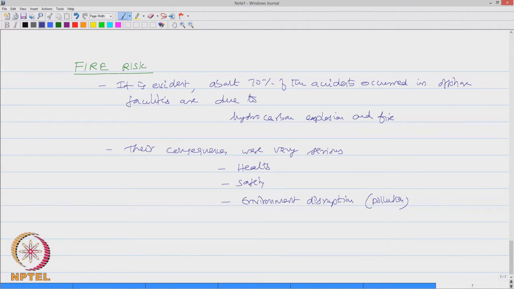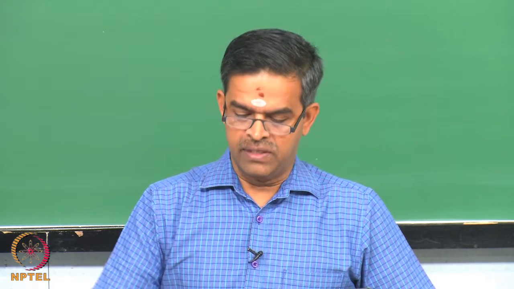So, apart from the asset loss due to fire and explosion, you also end up paying penalty towards loss of personal health, challenging safety of the whole operation, which can invoke legal complications on the existence of the facility, and of course, you have to also pay on a societal obligation towards the environmental loss caused because of the accidents.